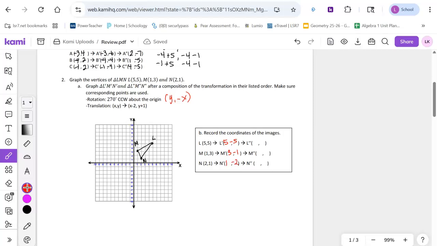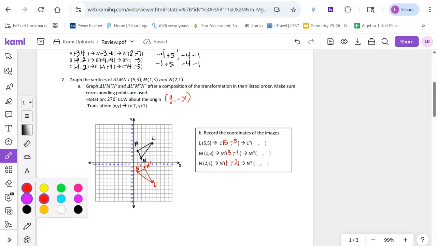So 5, -5, that is L prime. 3, -1 is M prime. And then 1, -2 is N prime.